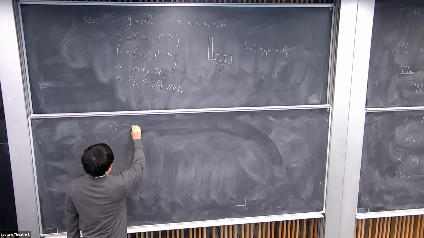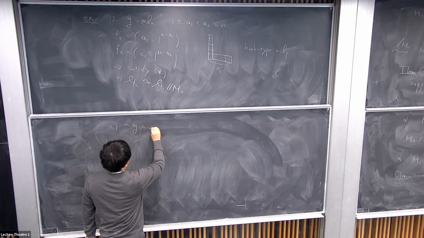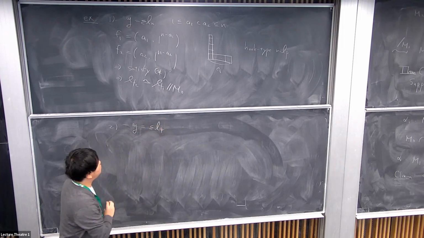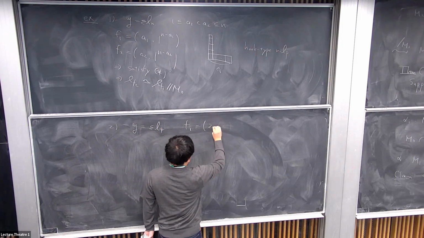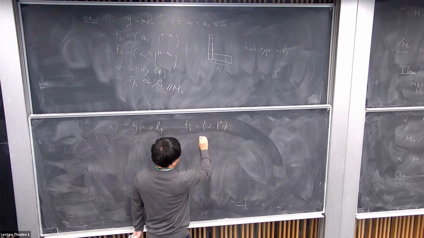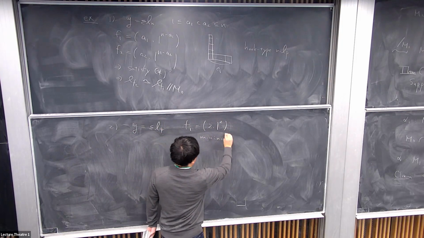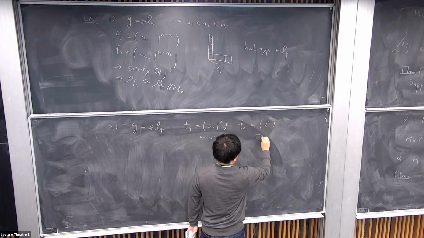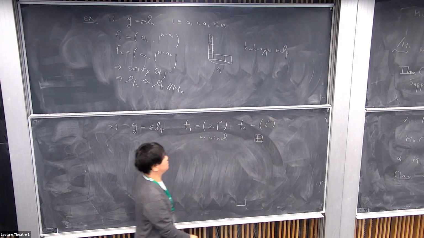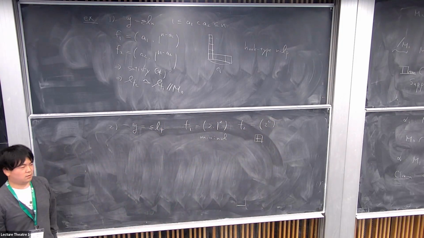The second example is also a non-hook type, for example SL4. We can choose F1 as minimal and F2 as rectangular, like this rectangular case. In this case, we satisfy the condition.